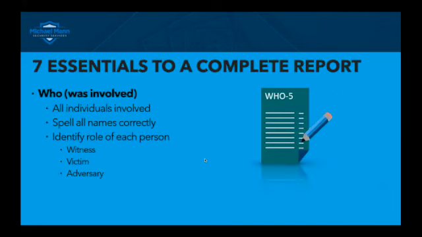So the first essential element of a complete report is who was involved. All individuals involved: spell all names correctly, and identify the role of each person, witness, victim, adversary. Think about that first guard on August 13th in 2012. Would, in that report that he put out to the other shifts, you know what? A male individual walked in at 15:30 today.